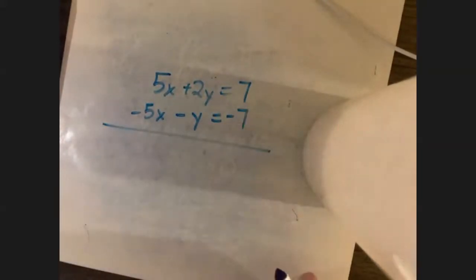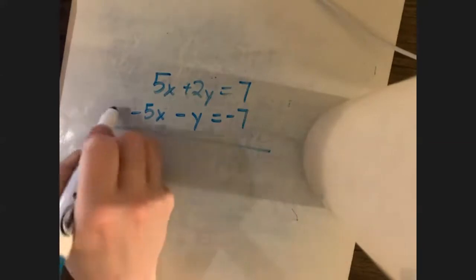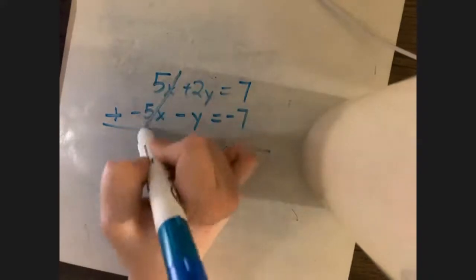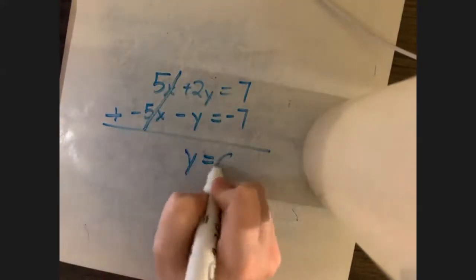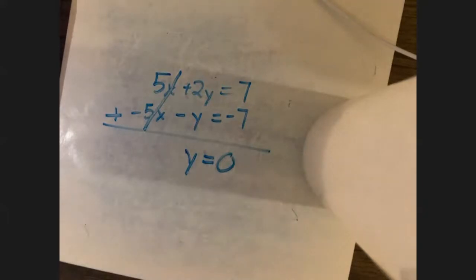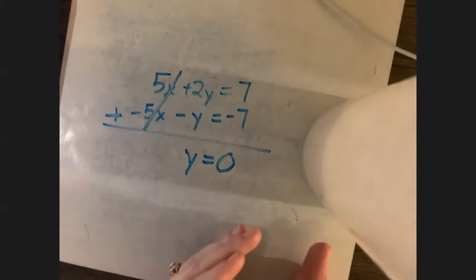Let's say that we had something that looked like this, and I add them up. That goes away. Everybody wants to jump to no solution. No, that's just that y has to be the number 0.